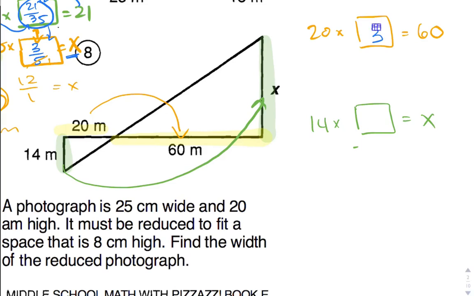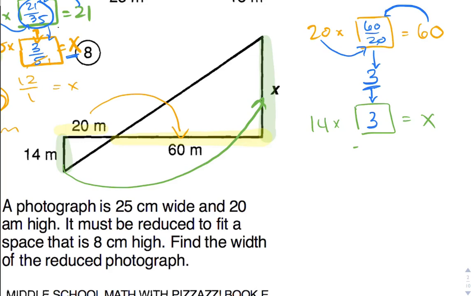But with this 3, I'm going to figure out how we got it. It's important to figure out how that 3 came about. This 3 came from these two numbers, 60 over 20. 60 divided by 20 made 3. So I can reuse these numbers. These are the same. Therefore, I'm going to reuse it again.